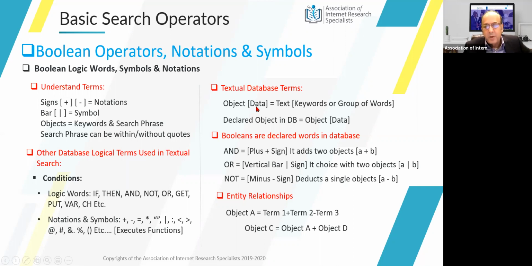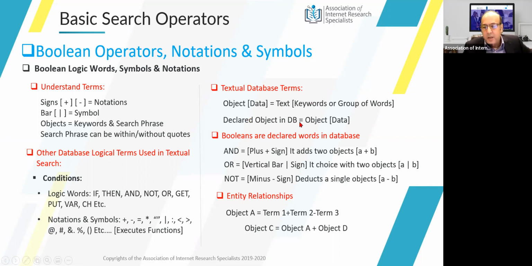If you clump them together and declare it as a single object, that is what it means when we say object. Object is the same as data, except that the data is declared as an object first, and then the object can be parsed, or it can work with the operator. So object could be text, or it could be alphanumeric, or just numerics.